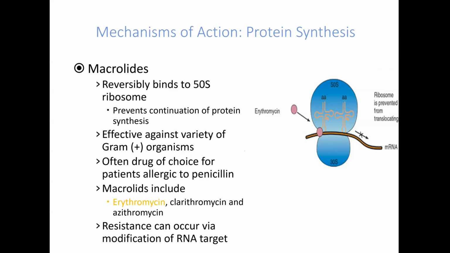I don't know if I consider these narrow spectrum or broad spectrum. They're somewhere in the middle. Again, they're broadly effective against gram positive. This is true in general of antibiotics, and is a commonly prescribed drug if the patient is allergic to penicillin. You've probably heard of erythromycin. It's probably the most commonly prescribed class of macrolides.